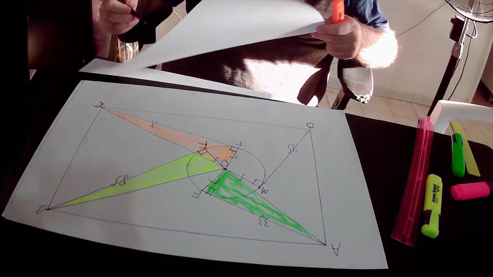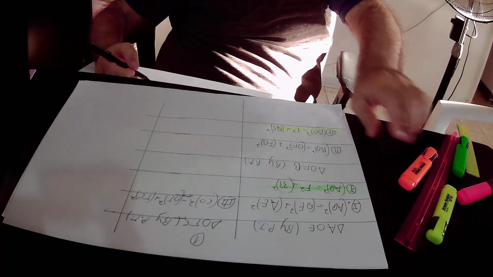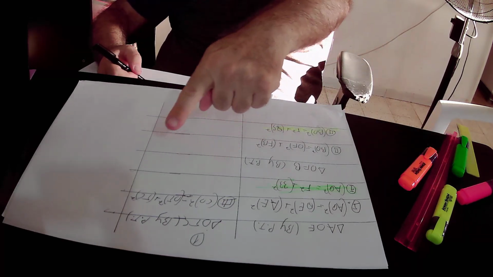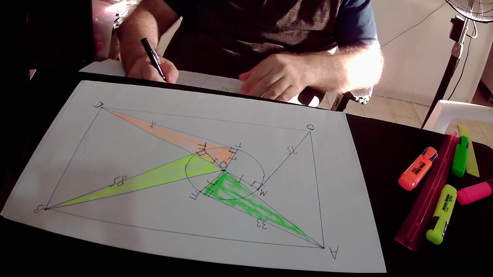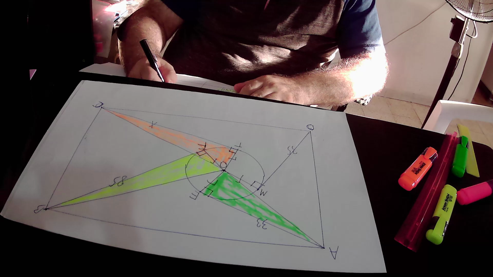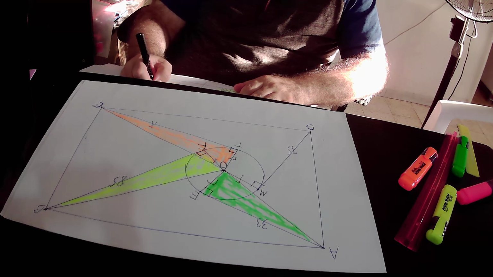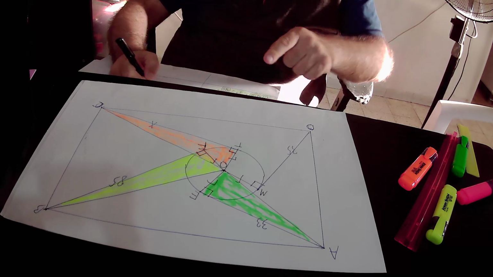Repeat again, in the right orange triangle OTC, according to the Pythagoras theorem, CO square equals OT square plus TC square. So CO square equals OT square.